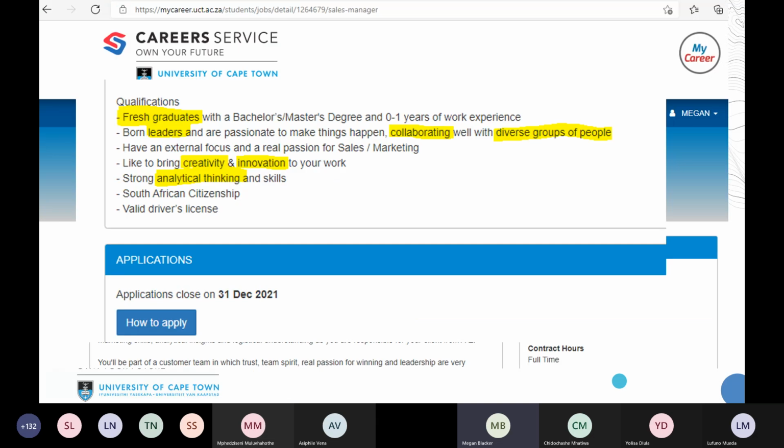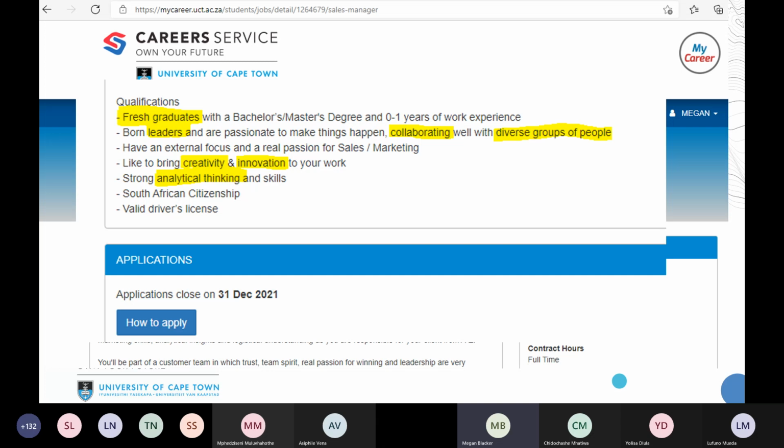And this is just an example to show you exactly how employers advertise positions. This is from Procter & Gamble. It's a sales manager's position, but I just want to highlight that they're looking for bachelor's or master's students, with leadership skills, someone who's able to collaborate with diverse groups of people, someone who's creative, innovative, with analytical thinking.